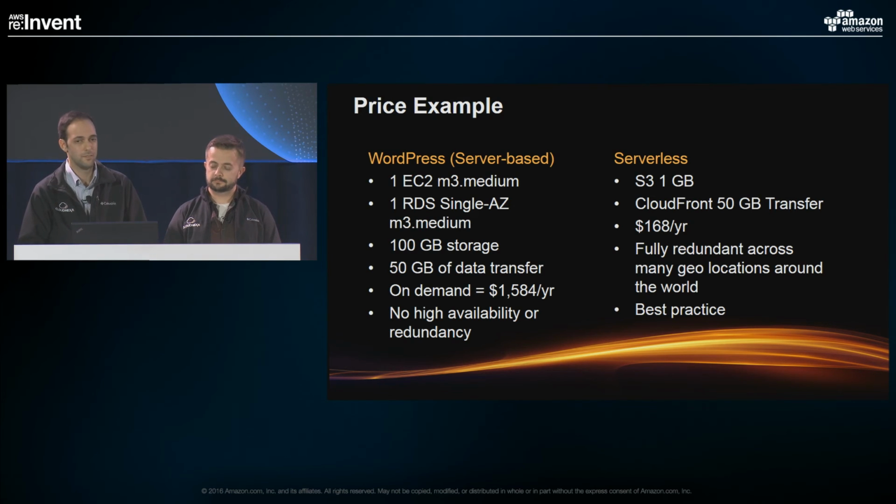But you don't have any high availability or redundancy, and you're constantly going back to that cost of ownership. You have to think about server uptime and security vulnerabilities. So this $1,600 is just the AWS side. That's not your operational cost. You could have service contracts for a couple $1,000s a month to maintain that.